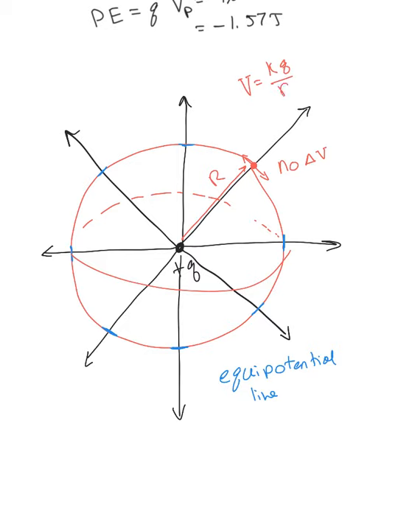My radius doesn't change, my potential doesn't change. And this is not unique to the radius that I chose. There are equipotential lines at every radius.